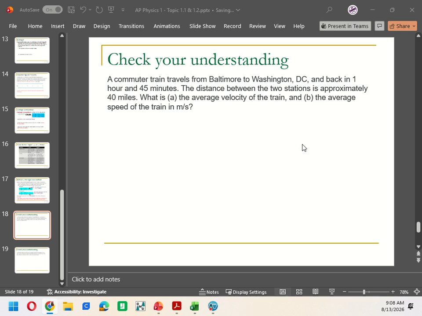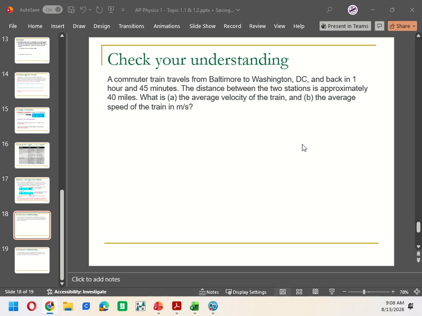Now, we have to pay close attention as we're reading this. It says the average speed of the train in meters per second. That's important. It's meters per second. I don't want it in miles per minute. I want it in meters per second.